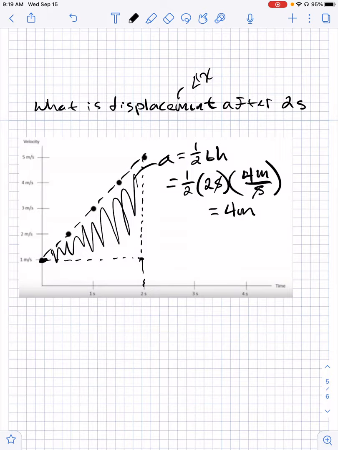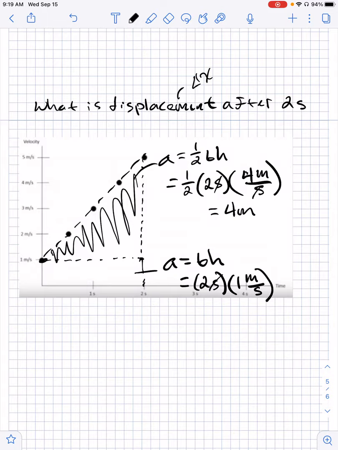Now let's find the area of this rectangle, and you should remember, area is just equal to the length times the width, right? Base times height, or length times width. Looking at this, my base, or the length, is 2 seconds, from 0 to 2. And the height goes from 0 to 1 meter per second. So 1 meter over seconds.